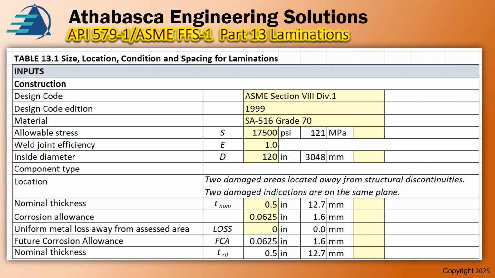We put in the welded joint efficiency and all that. So we've organized all that information. We have the wall thickness, the LOSS, the corrosion allowance, the future corrosion allowance, which is 0 there. If you need more information on that, we have a section on corrosion allowance. And the RD wall thickness as a result is the same as the nominal after the inspection.